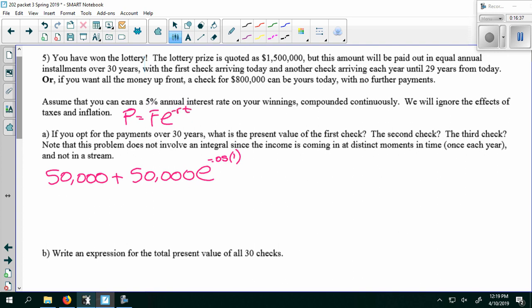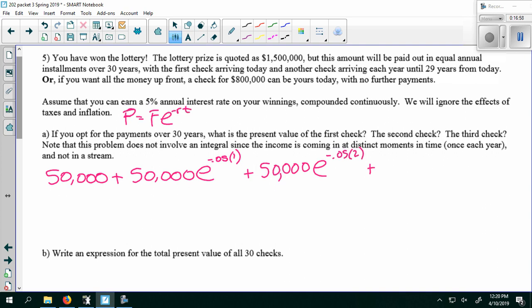Okay, so for the third check, its present value: take its future value, just $50,000, and bring it back in time 2 years. And I have to keep doing this for 30 total checks. So my first check has no exponent.